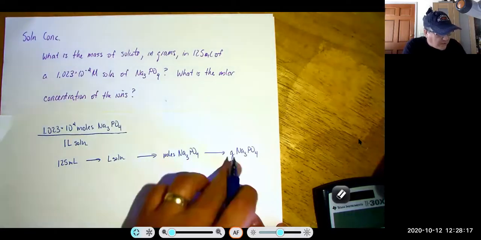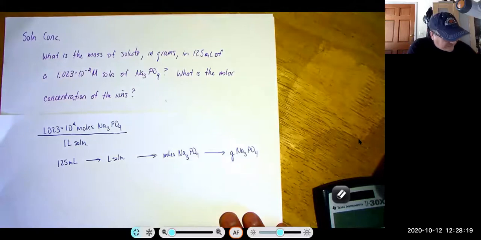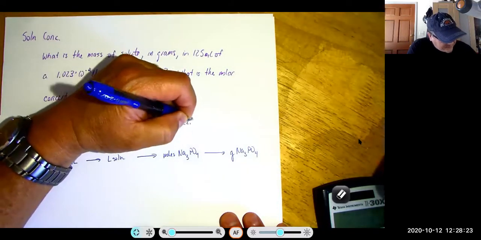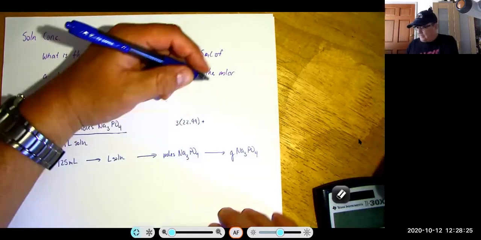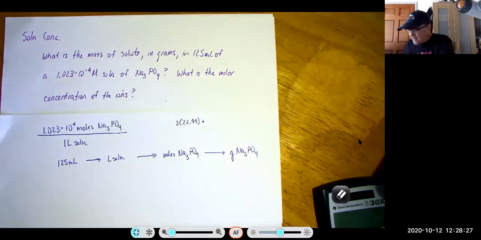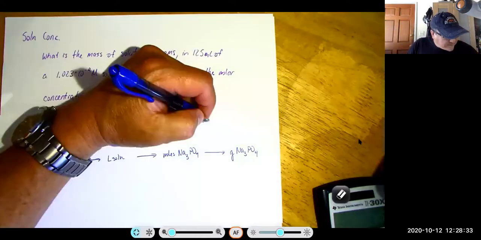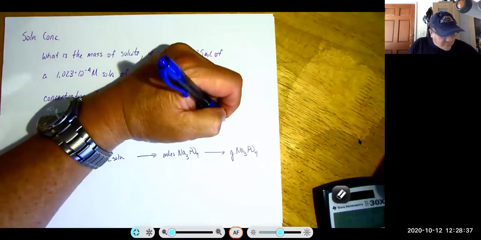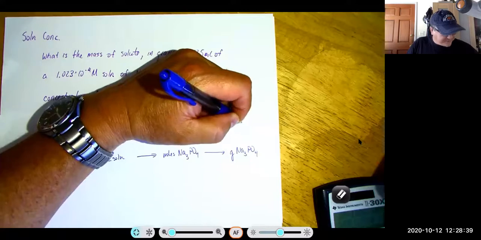Now, what is the molar mass of sodium phosphate? 3 times 22.99. I have to look up the molar mass of phosphorus. I don't know it. 30.97. And then plus 64 for 4 oxygens.